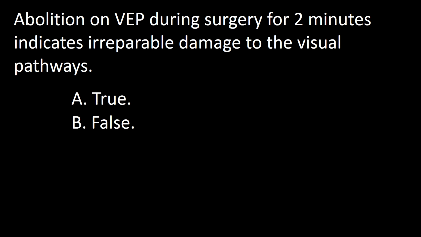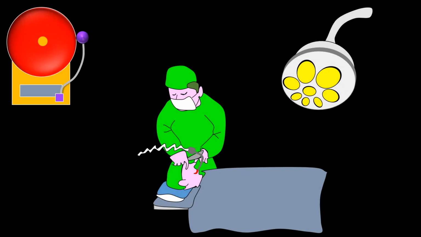Next question. Abolition of VEP during surgery for 2 minutes indicates irreparable damage to the visual pathway. A. True. B. False. The use of VEP during surgery is limited. When used, flash stimulus is preferred since attention, fixation, and having the eyes open is not a necessity.